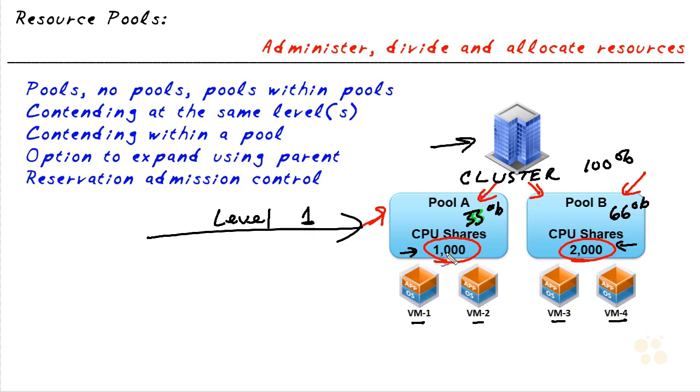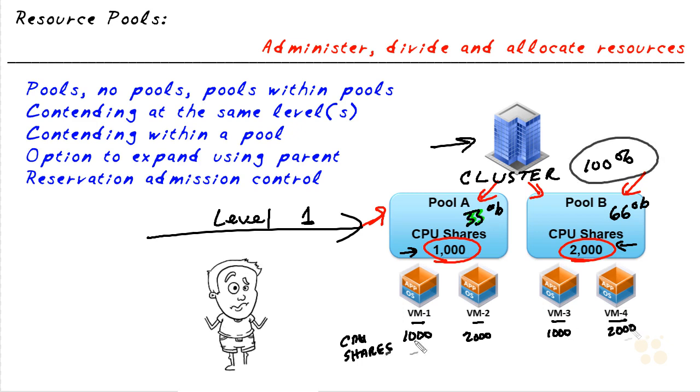And for this discussion, let's just focus on shares, CPU shares, which will come into play and be important if there's contention for CPU cycles. And let's say VM1 has a default of 1,000 and VM2 has 2,000. And let's say VM3 has been set to 1,000 and VM4 has been set to 2,000. Now my question is this: what percentage of allocation will these virtual machines get regarding CPU if there's contention based on their current shares? Now to figure this out, it's a lot like custom subnetting.